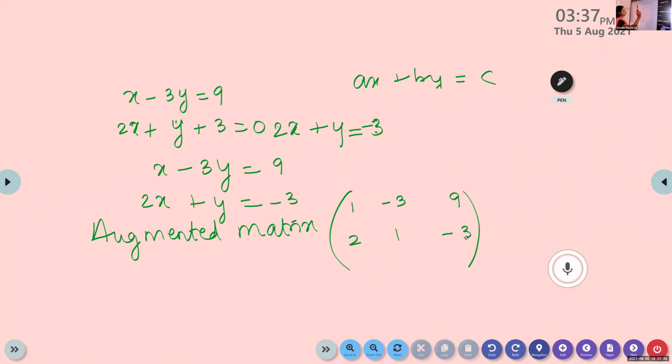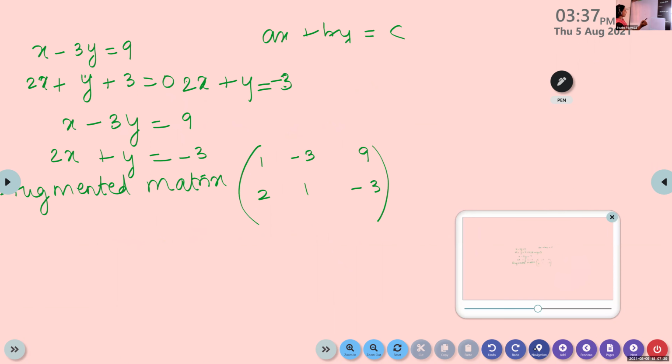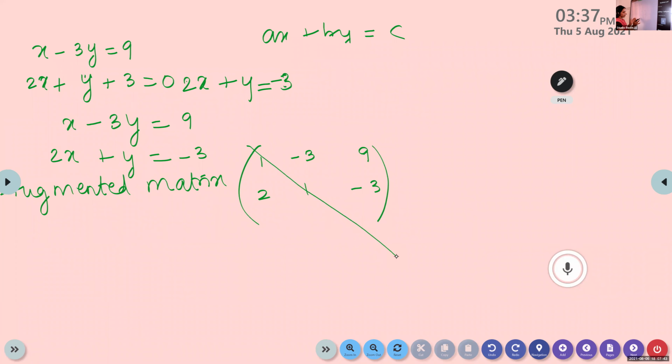Now once we write the augmented matrix, our next aim is to make the elements below the diagonal 0. It is not a square matrix, but imagine it is. Then we make all the elements below the diagonal 0.